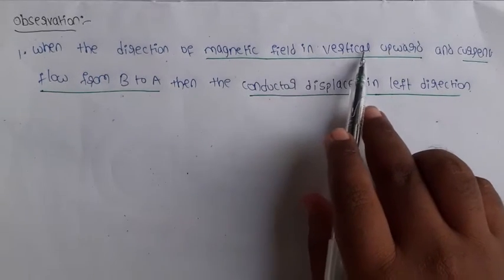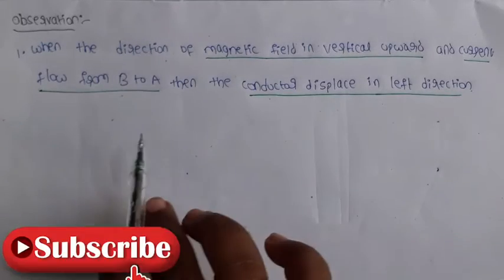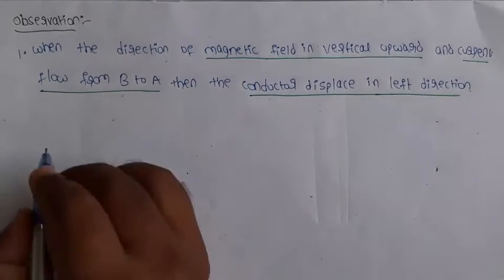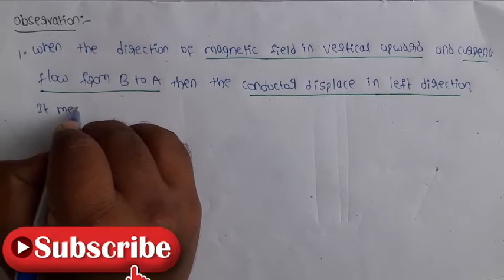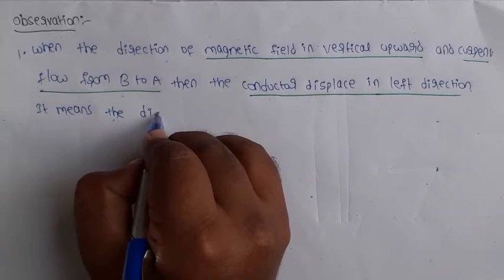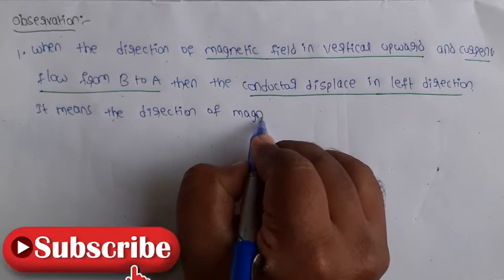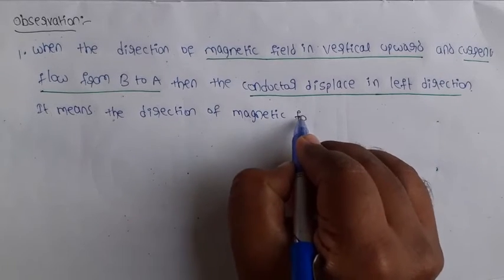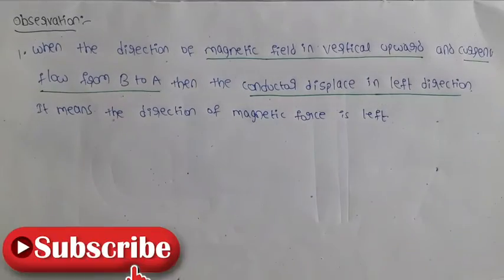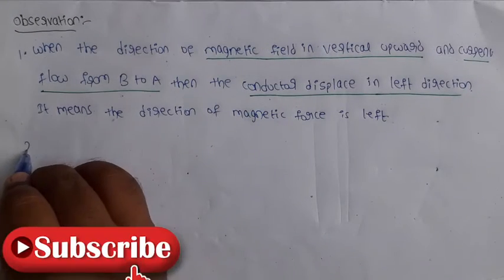So the conductor is displaced in the left direction. It means the direction of the magnetic force is left. That is the first observation.